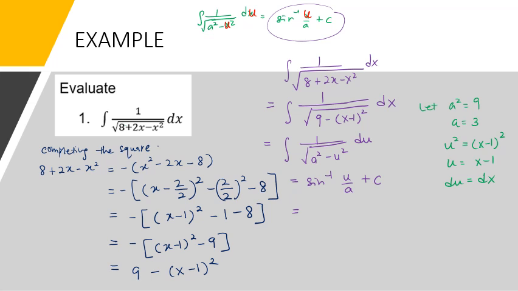Okay, substitute balik u dengan a, sin inverse x minus 1 over 3 plus c. So this is our answer. Right? So sama je nak guna untuk integration involving inverse trigonometric function, tapi kita plus dengan completing the square.